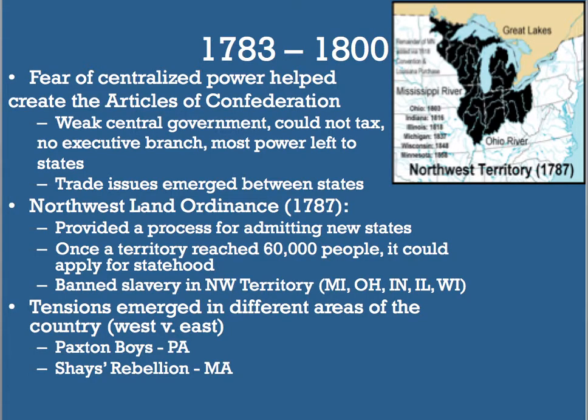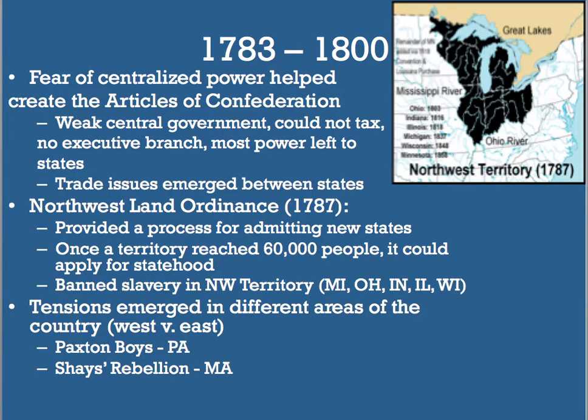Now, under the Articles, we have a weak central government, no power to tax, no clear, powerful, enforceable executive branch, and almost all of the powers are going to be left to the states. Each state's going to be looked at as sovereign, as free, as independent. In a sense, this really does create 13 separate little countries. There's no unity at all.